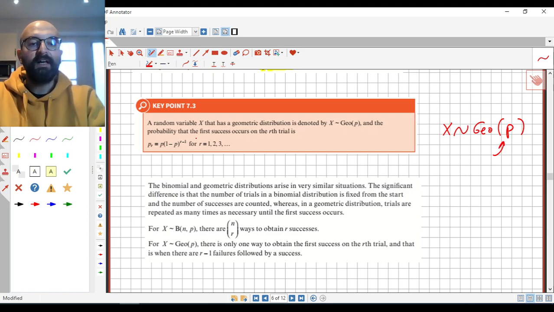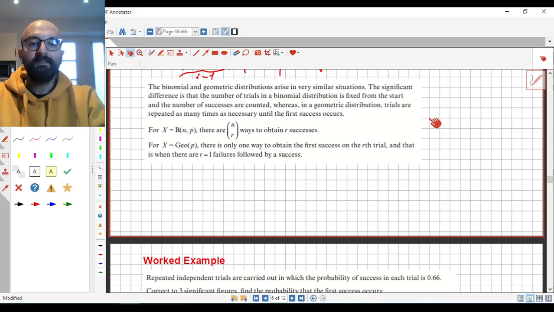For the probability that the first success occurs on the rth trial, we have to get the first r minus 1 trials as failures, Q, and then the rth trial has to be a success, so we can say Q to the power of r minus 1 multiplied by P.